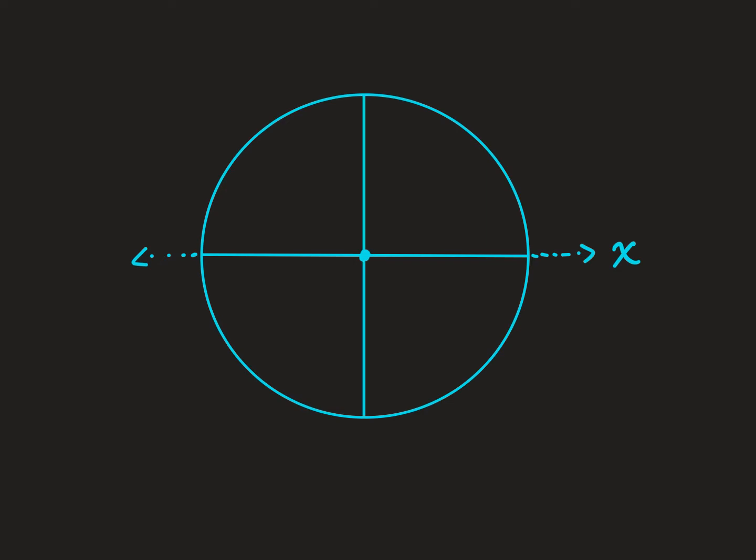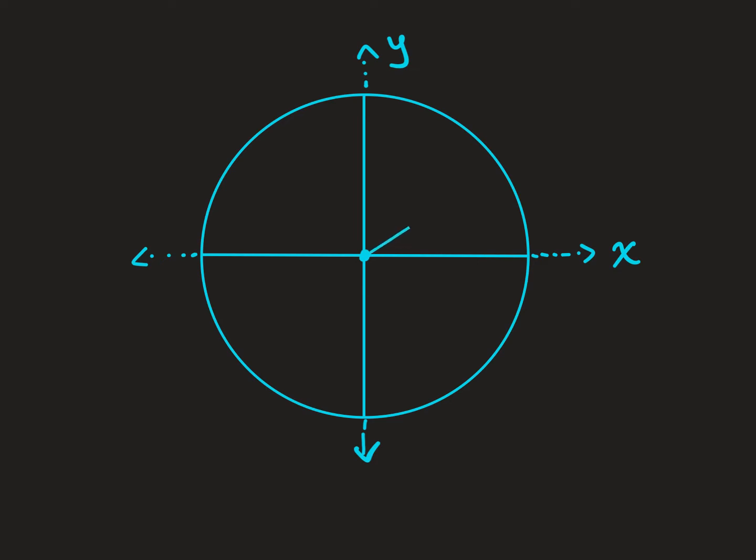So here is a vertical diameter that we could think of as the y-axis. Yeah, I can start saying things like this circle is centered at the origin, but we're not really worried about that right now. What I am more worried about is the fact that I can draw any radius I want.